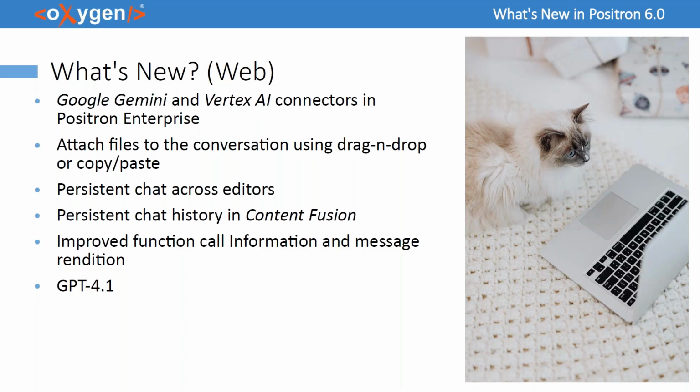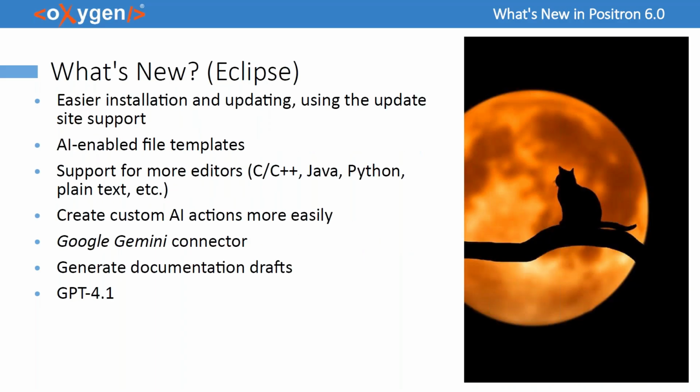And again, we have the new GPT-4.1 models, which we also have in the Eclipse distribution, by the way. So this is common all across our distributions. But in Eclipse, you can now install Positron in an easier way and also update it in an easier way by using the update site support.